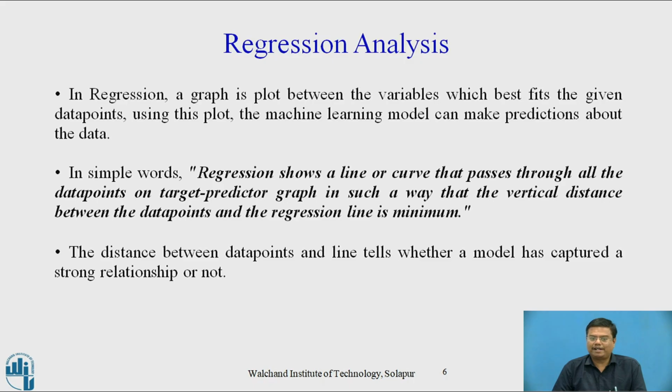In simple words, regression shows a line or curve that passes through all the data points on the target-predictor graph in such a way that the vertical distance between the data points and the regression line is minimum. The distance between the data points and the line tells whether a model has captured a strong relationship or not. So we are taking the distance between the data points, and from that we are making the relationship between them by plotting a graph.